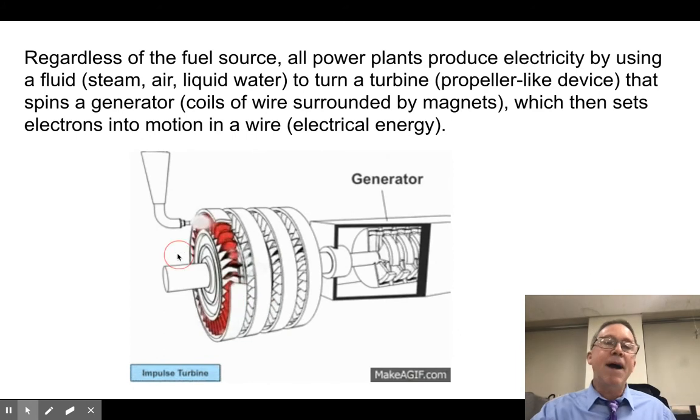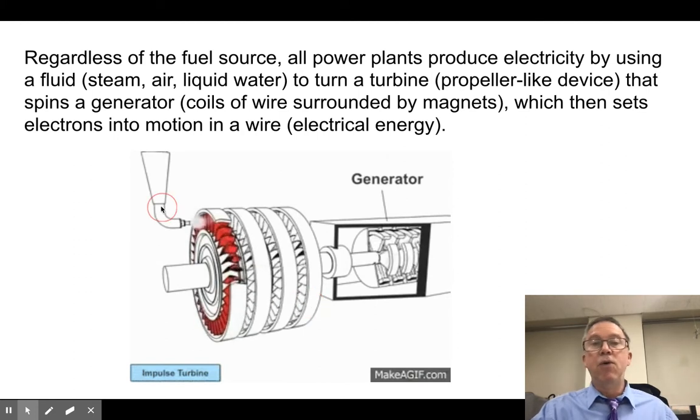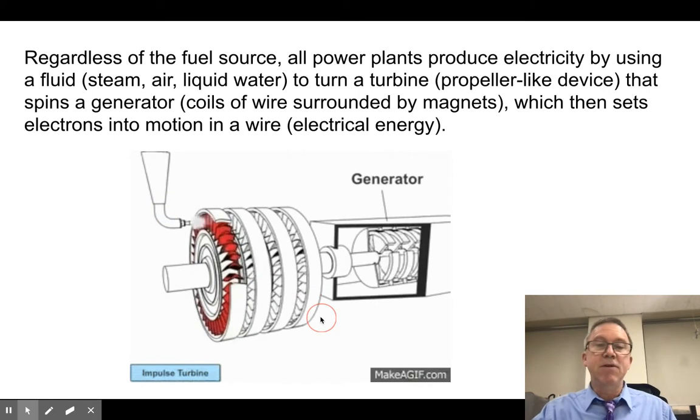But basically, what happens is when this is forced to spin by either the flow of steam, the flow of air in the case of a windmill, or moving water in the case of hydroelectric power.